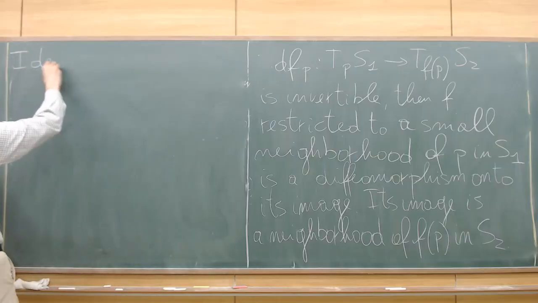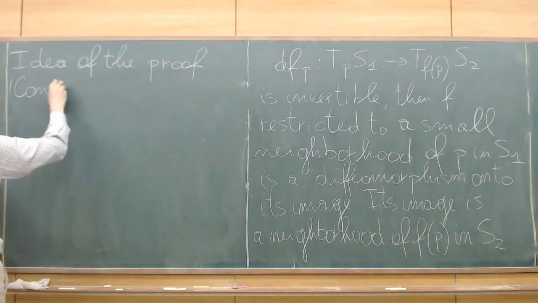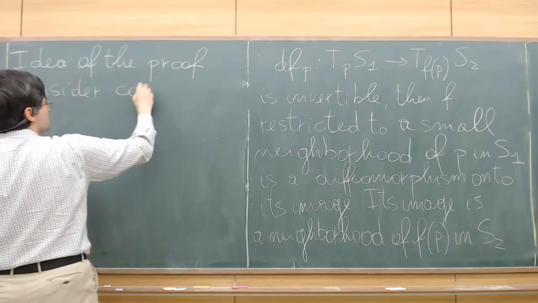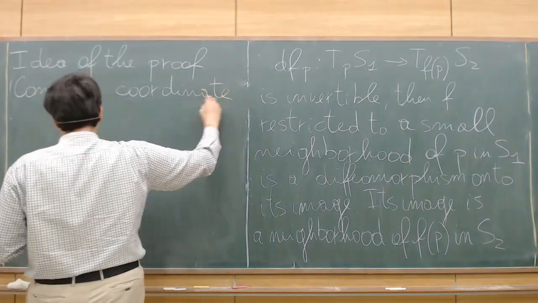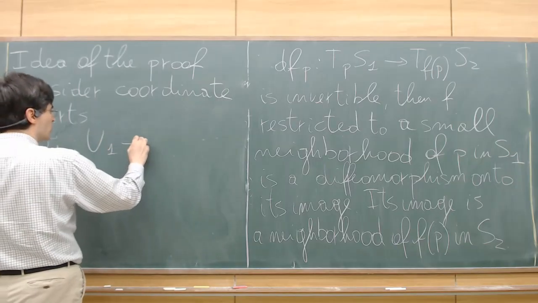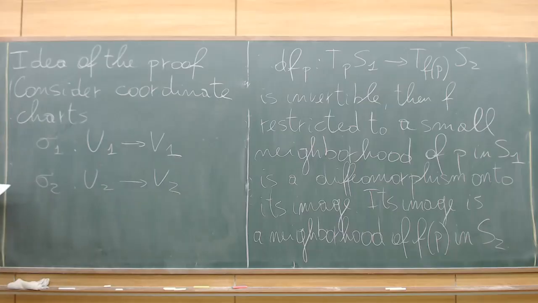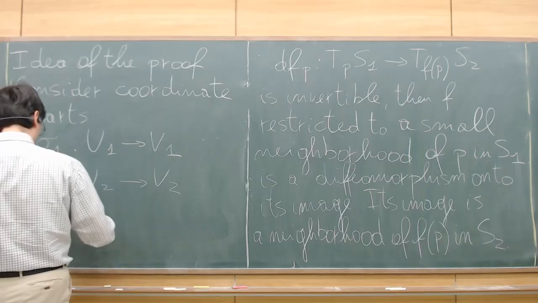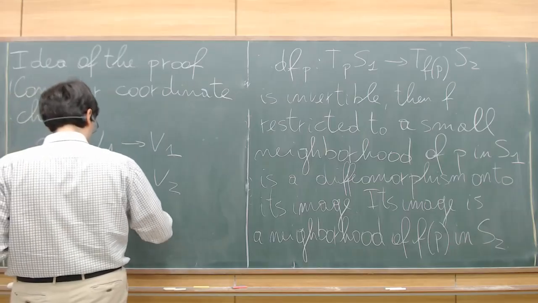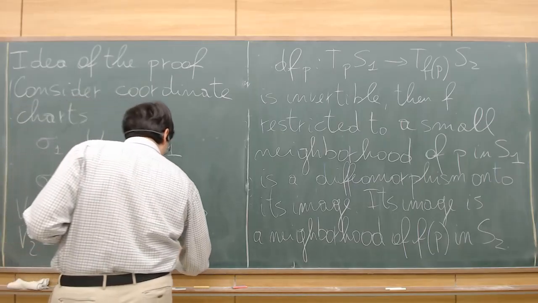So let's consider coordinate charts sigma 1 from U1 into V1 and sigma 2 from U2 into V2, where V1 is a neighborhood of p in S1, and V2 is a neighborhood of f of p in S2.